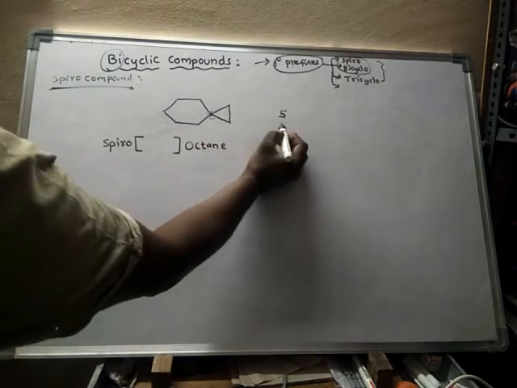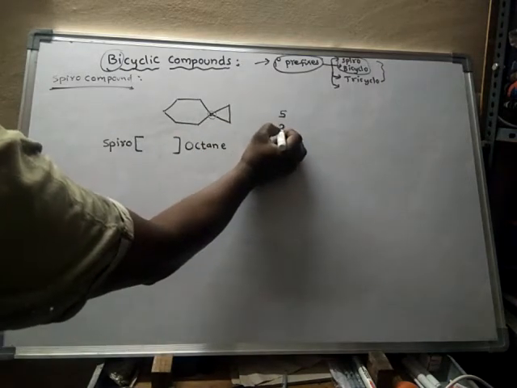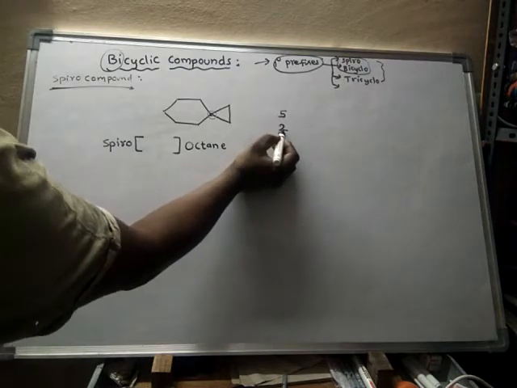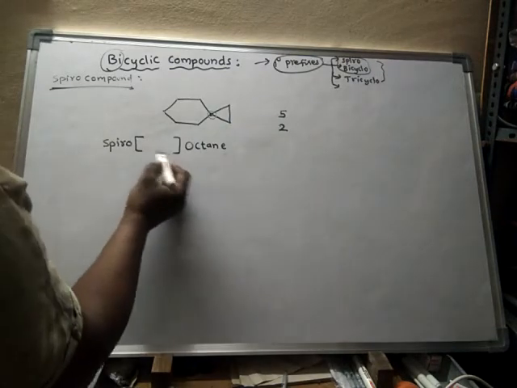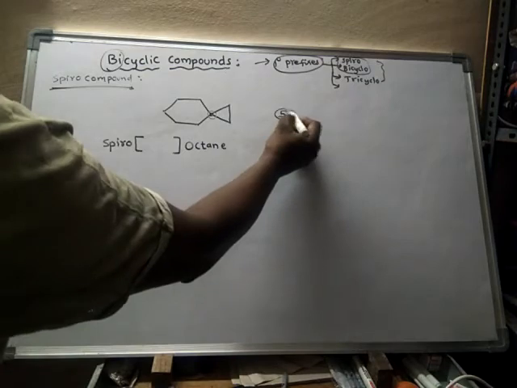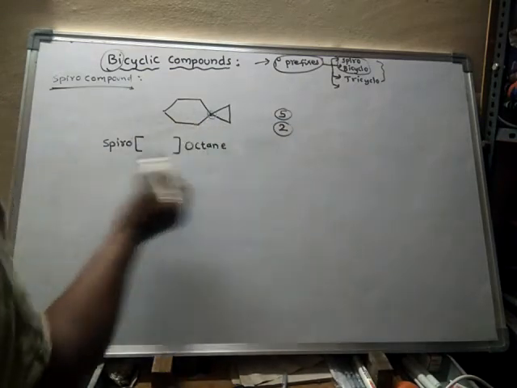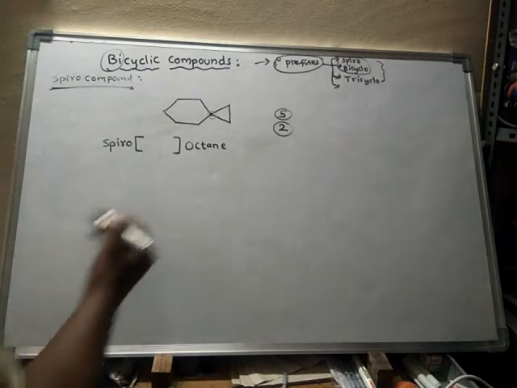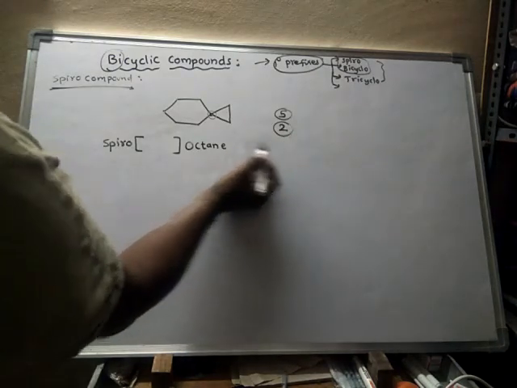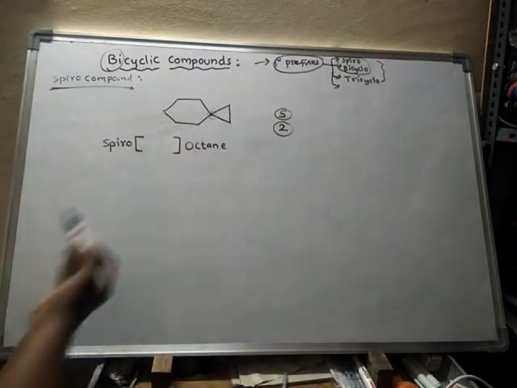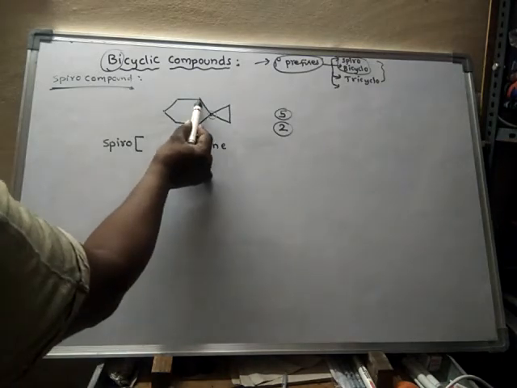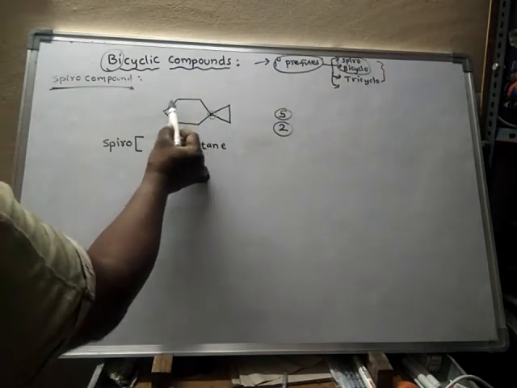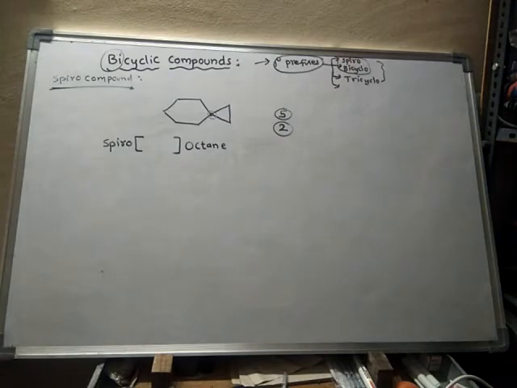Another one is a 2 carbon ring. Actually this is a 6 carbon ring, this is a 3 carbon ring. But while writing in the bracket, we have to exclude this carbon and count the other carbons. So there are 2 rings. One carbon is common, and the other part of this ring has 5 carbons.